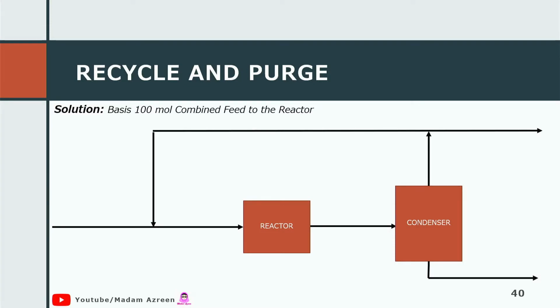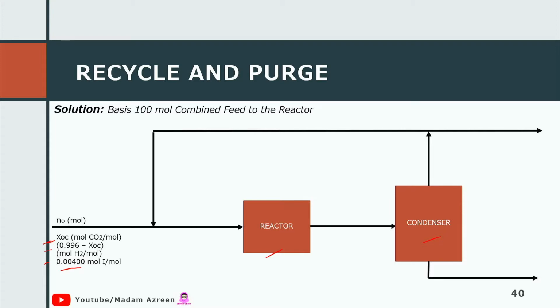Okay, we have a reactor, we have a condenser here. So we have to put all the unknowns. Okay, start with our fresh feed. Okay, we put it as N naught. Okay, and then the initial composition of carbon dioxide, and the composition of hydrogen together with the composition of inert.